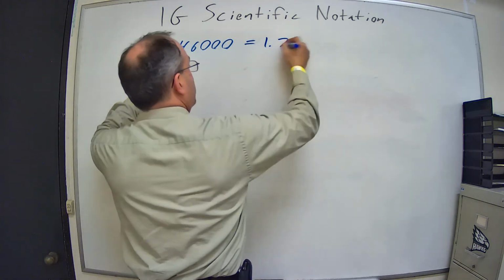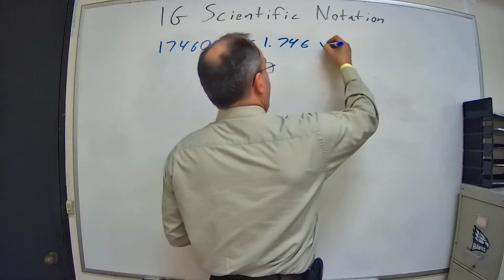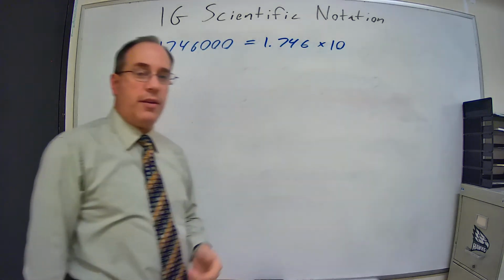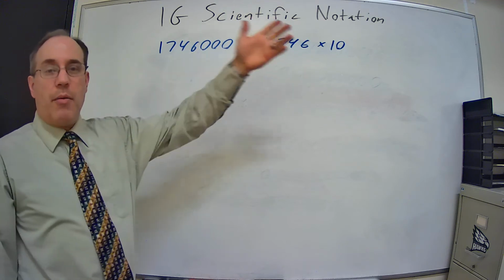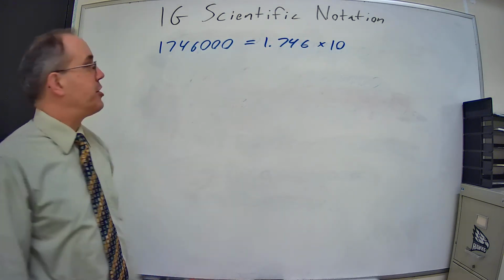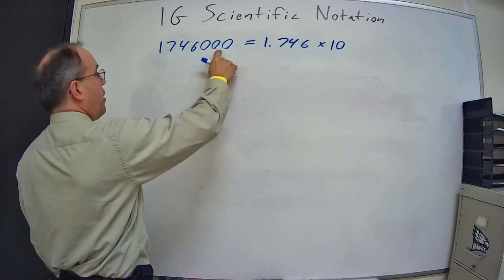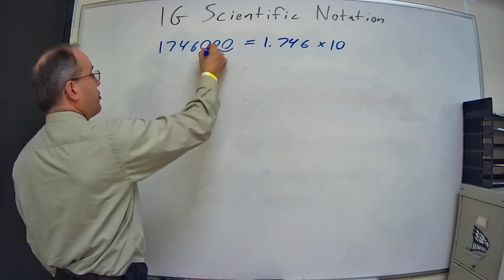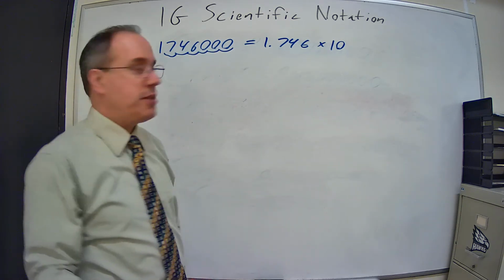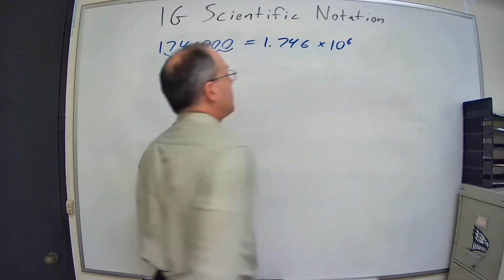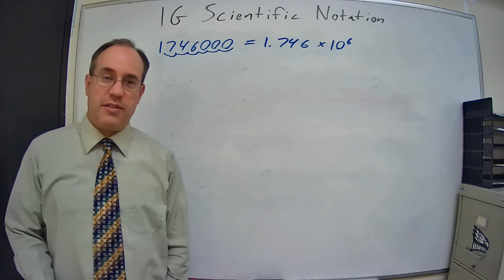So 1.746. I'm going to multiply that by 10 to the something. Since this is a large number, we are going to make that exponent positive, and it's just how many places did I need to move that decimal point to get there? So that's 1, 2, 3, 4, 5, 6. We had to move it 6 places. So 1.746 times 10 to the 6.